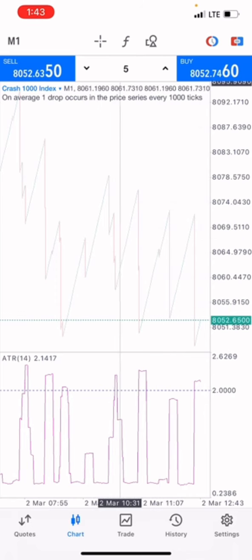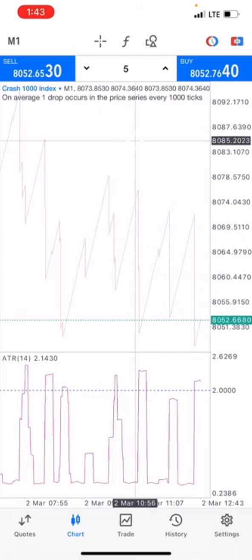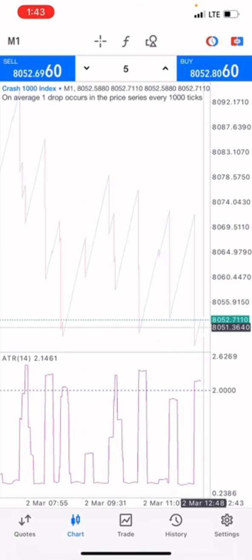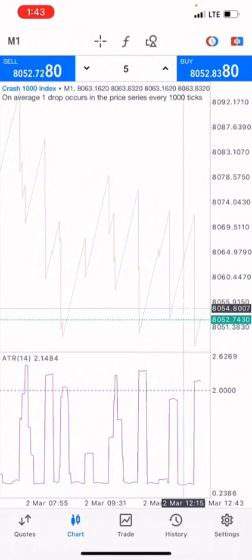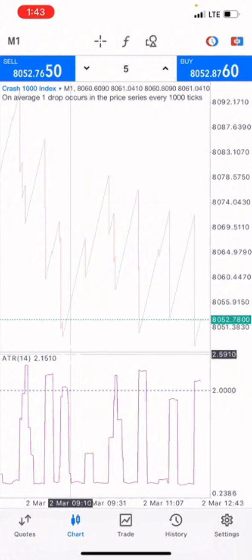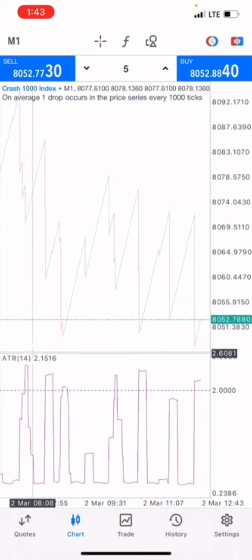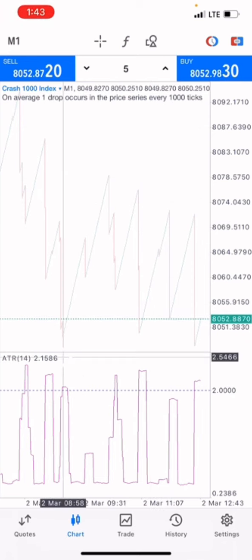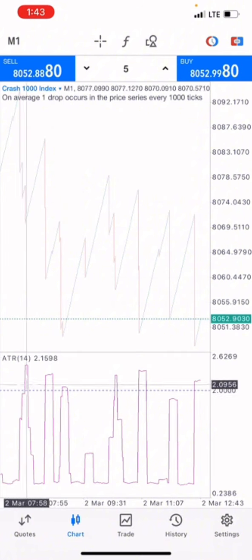I used the 5 lot size, and I made $3 with one candle. So you are getting $16 with 5 lot size. If for these 5 hours you are able to get 16 times 5, it is almost $80 for that day. This is just a tutorial and I use just one lot size. So imagine you open 5 times 4, which is 20 lot size.